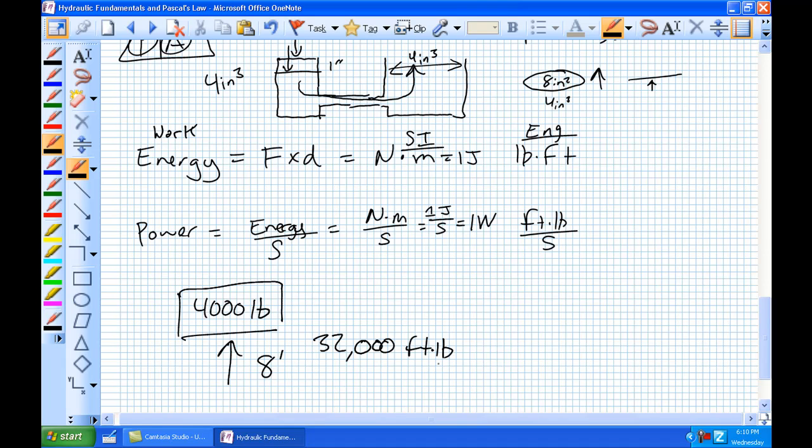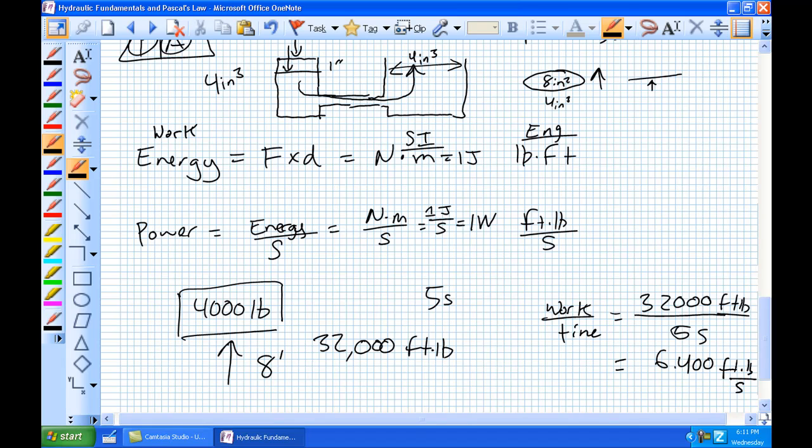If it accomplished this in 5 seconds, how much power? So it would be work or energy per time. So 32,000 foot-pounds in 5 seconds, 6,400 foot-pounds per second.